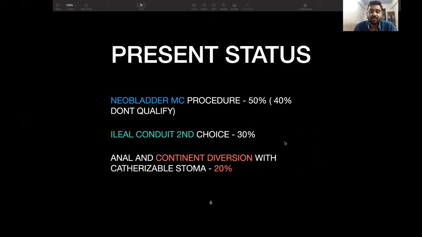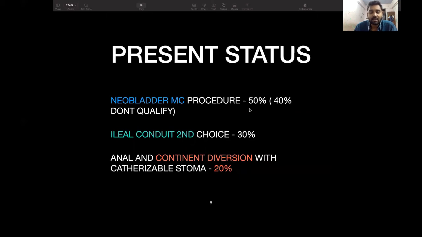Now you should understand where we stand in the present era. As I told you, the third type, the orthotopic neobladder, is the most common procedure, accounting for 50% of all types of urinary diversion.